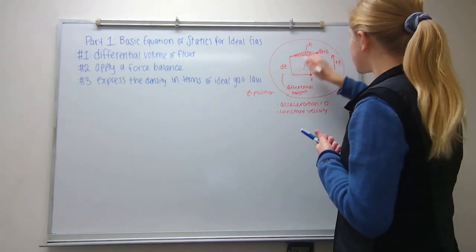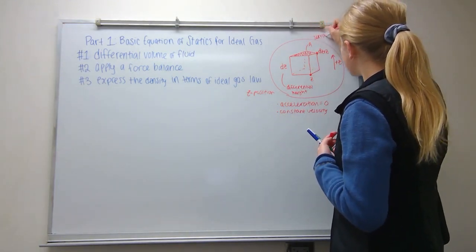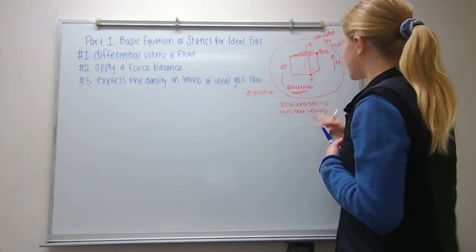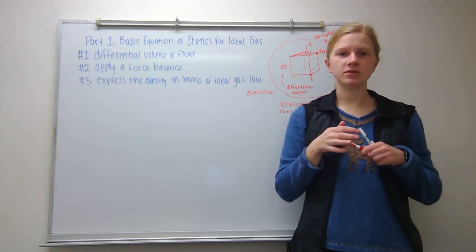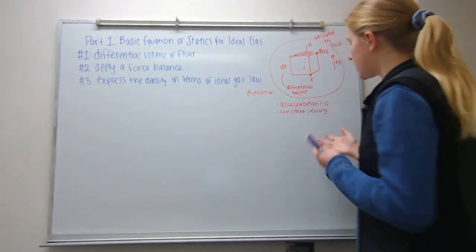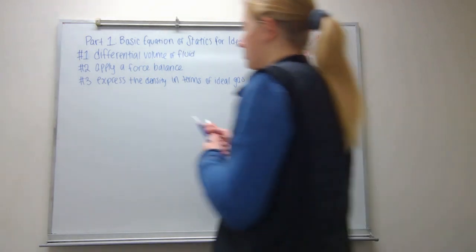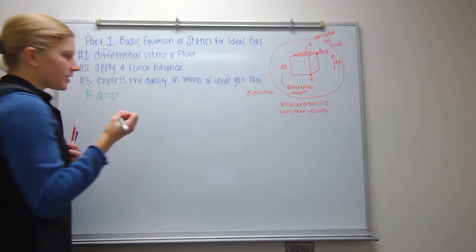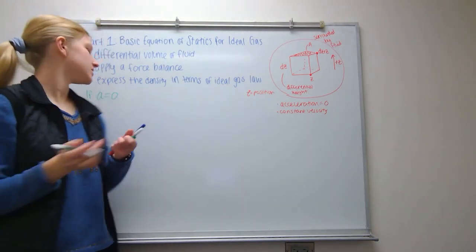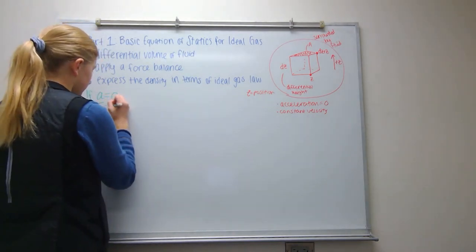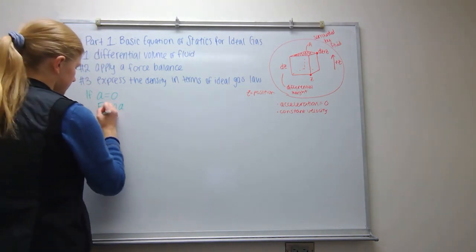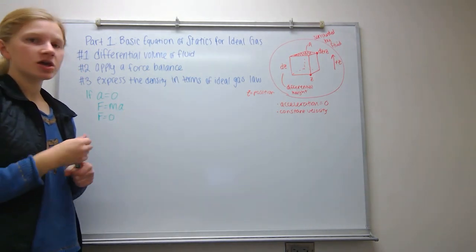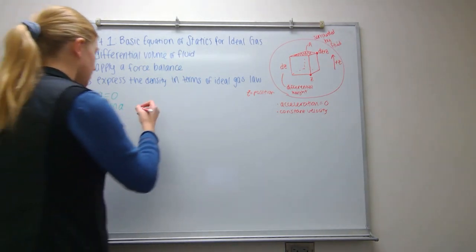So this volume is surrounded by fluid, and it's moving at a constant velocity, which equals 0 acceleration. So then this is important because now we know that if our acceleration equals 0, then when we write our force balance equation, we will have F equals ma, and our acceleration is 0, so our forces must be 0. So now I'm going to redraw this cube and show the forces on it.